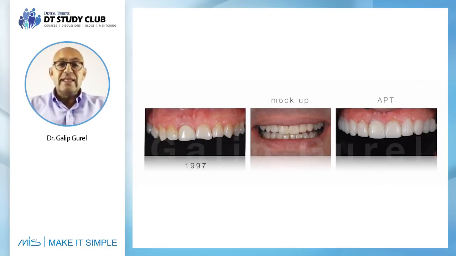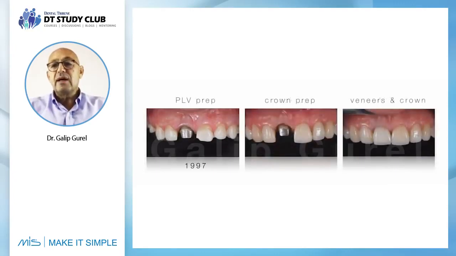So as the basic steps we always do in our veneer cases, we mocked up the case, and then the mock-up went to the lab, who did us the wax-up. We retried those in the patient's mouth, as we can see on the screen. Once we get the approval of the patient, we prep the teeth through the wax-up.